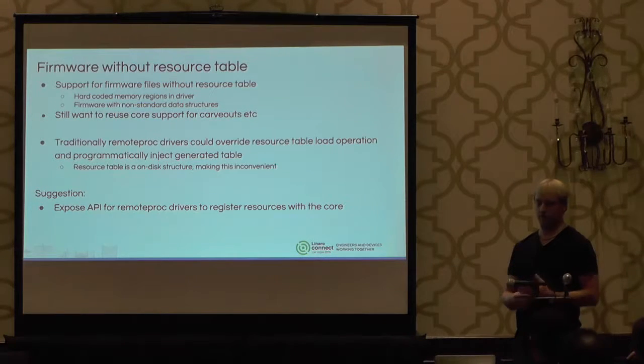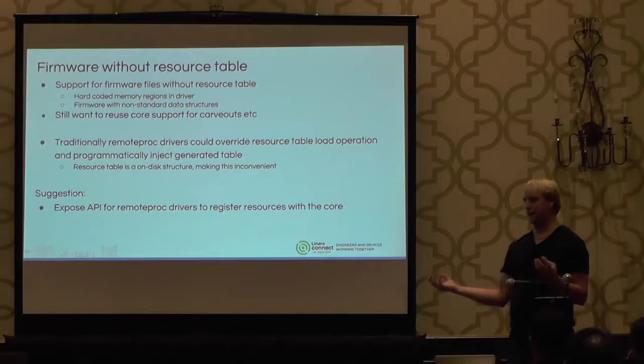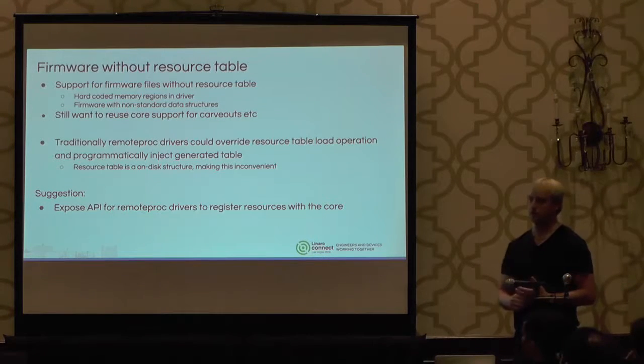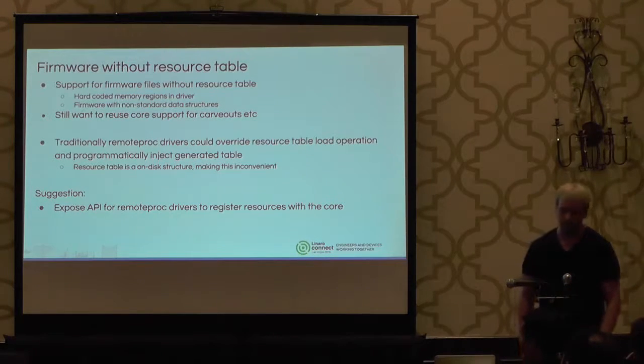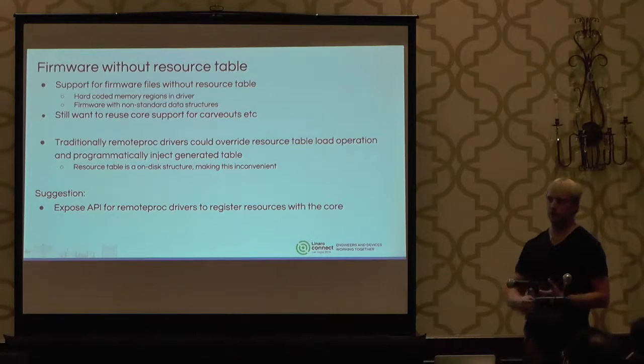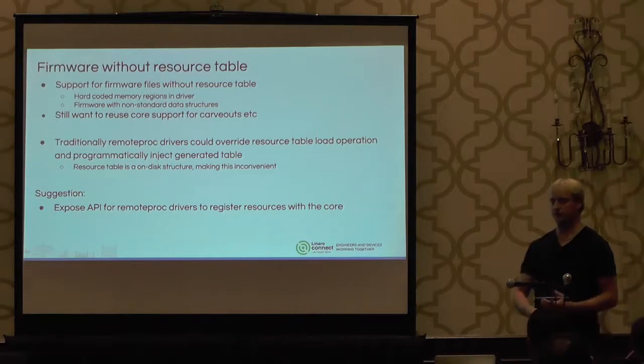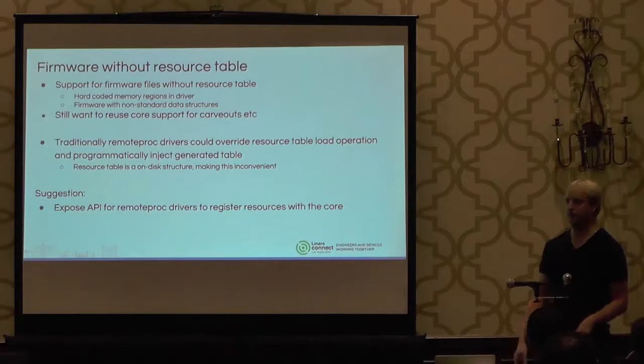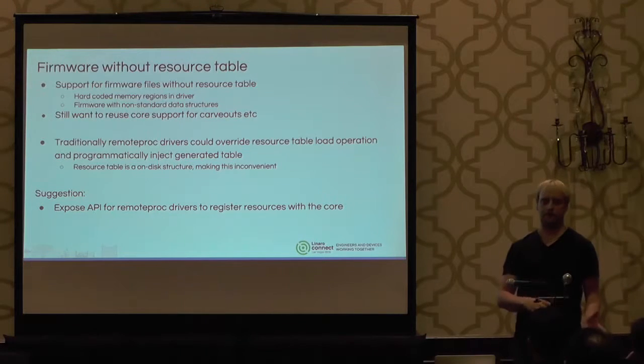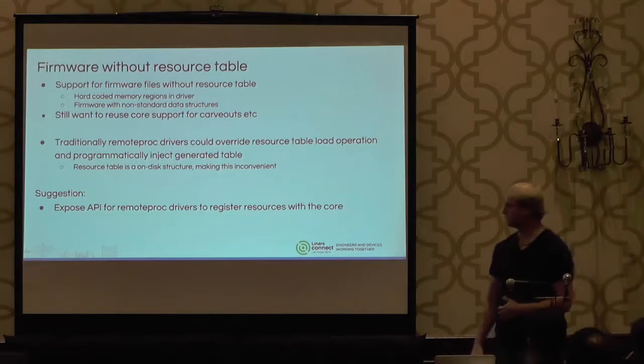Vrings are complicated for the fact that in most cases we would need a mechanism to communicate their placement to the other side. So first and foremost, I would like this so that I can reuse the carve-out logic in the core in the cases when we don't have a resource table.